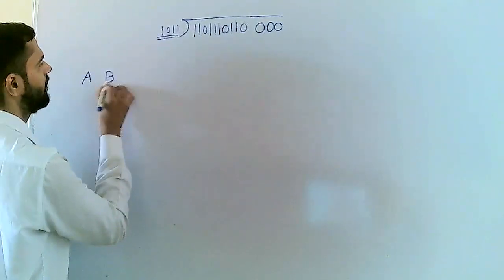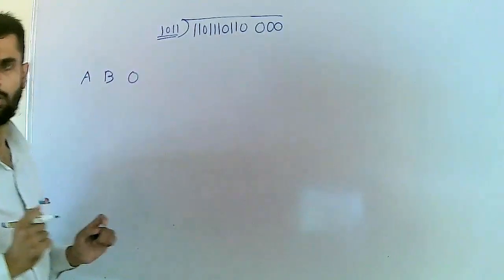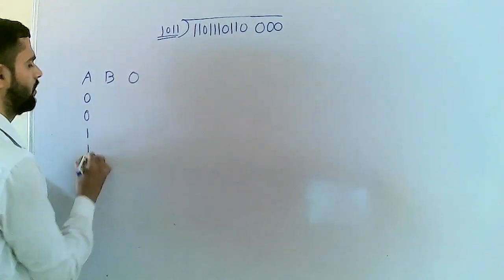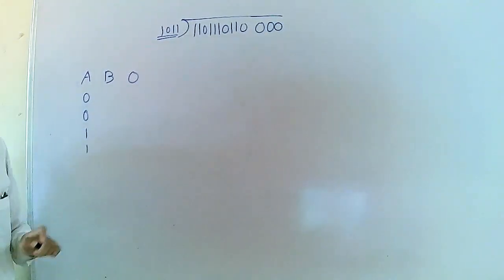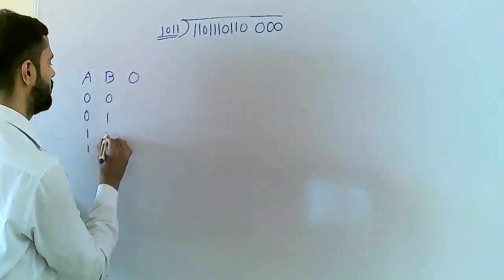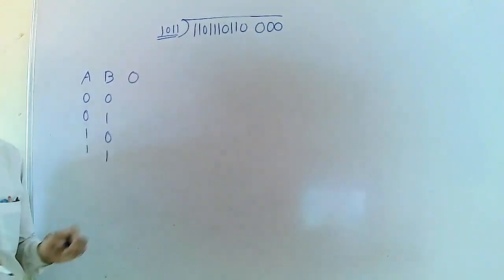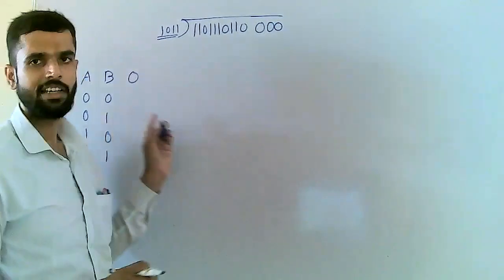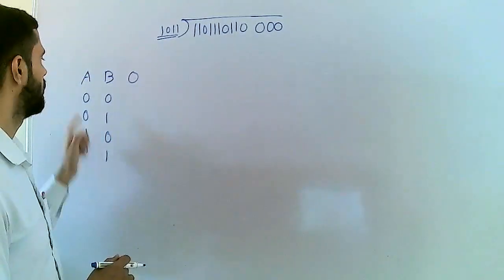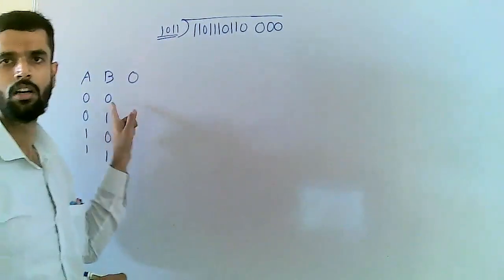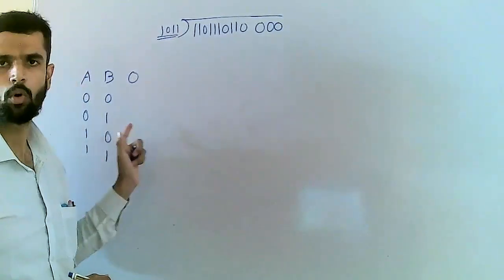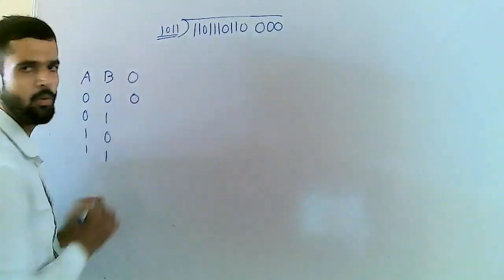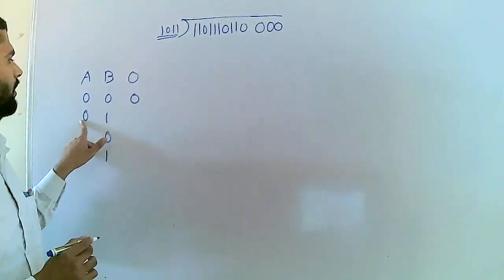This is A, this is B, and this is the output. The values are 0, 0, 1, 1 and 0, 1, 0, 1. If both values are 0, the output is 0.